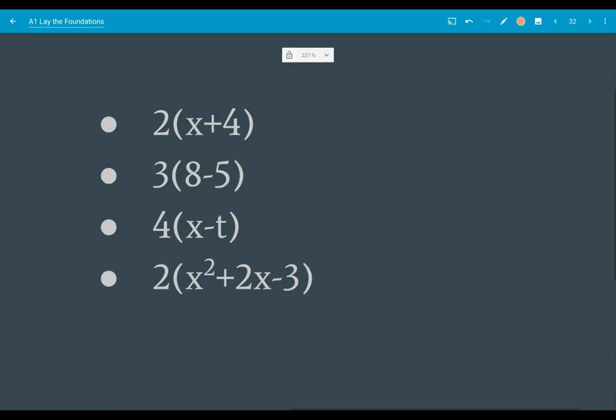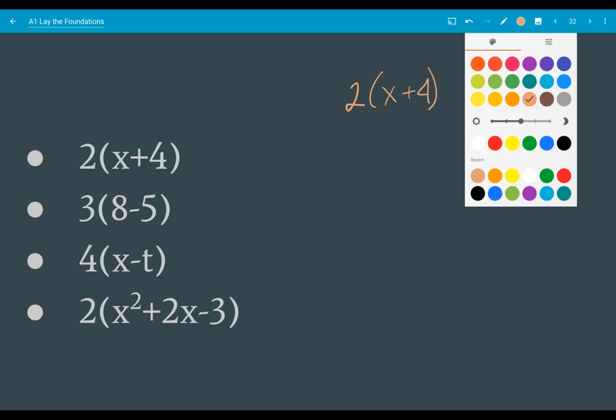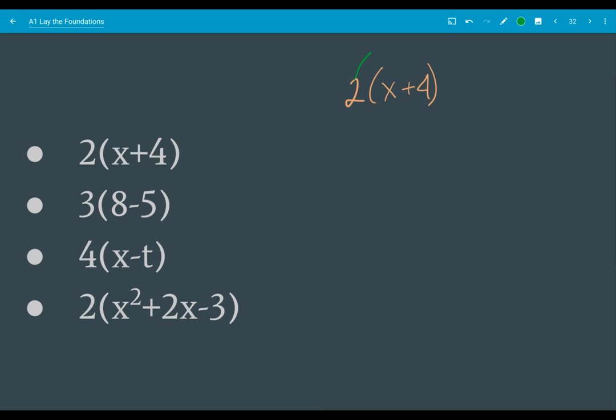So this first one: 2x plus 4. The distributive property says whatever happens to the outside has to happen to everything on the inside. So we're going to do this. 2 has to go there, and 2 also has to go to the 4.